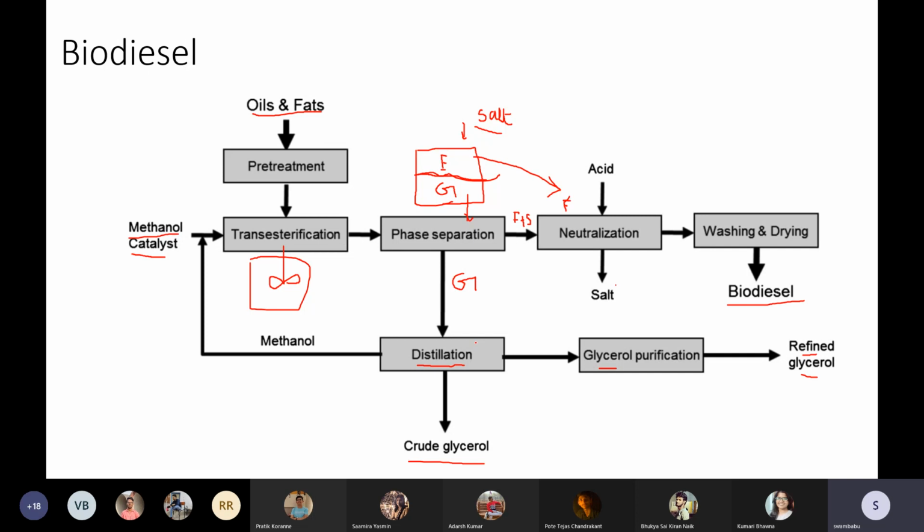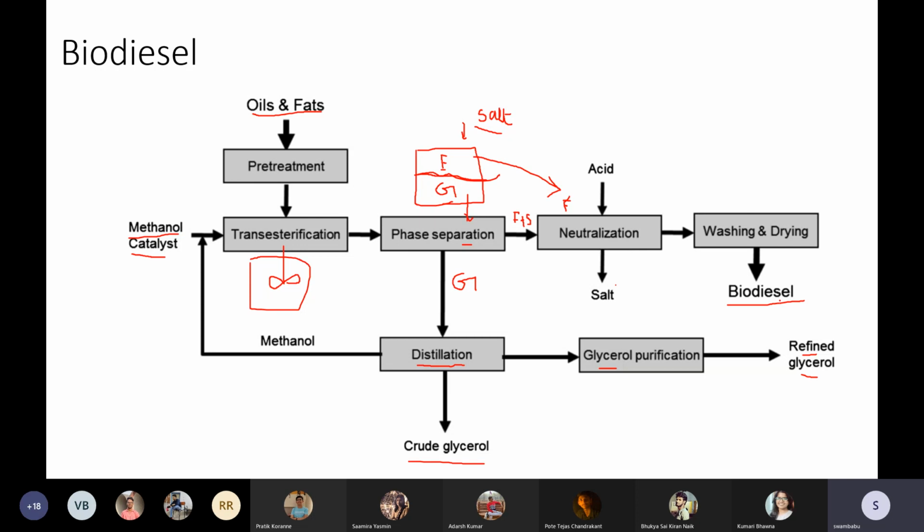But for the purification of glycerol, sometimes distillation works, sometimes many other methods are used. So there is a little difficulty only at the phase separation. Apart from that, the rest of the process is very simple. This is a settling tank, this is a simple CSTR for the neutralization tank, and a simple heat exchanger is used to remove any water present here.